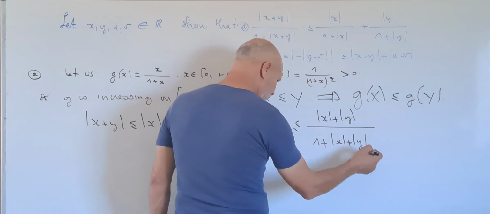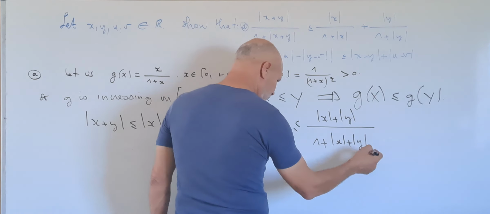And this one is exactly the absolute value of x over 1 plus the absolute value of x plus the absolute value of y, plus the absolute value of y over 1 plus the absolute value of x plus the absolute value of y, which is less than or equal to the following.